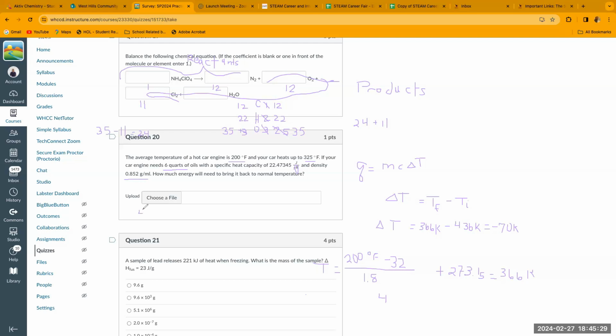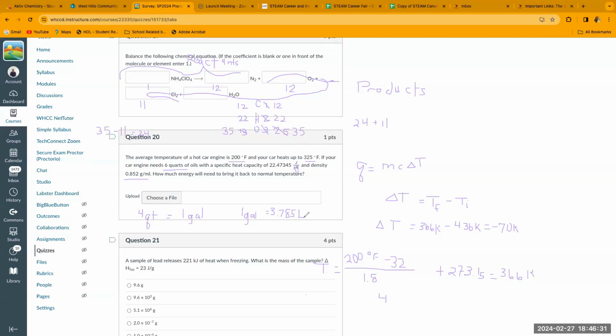If I remember correctly, 4 quarts equal a gallon, and 1 gallon equals 3.785 liters.